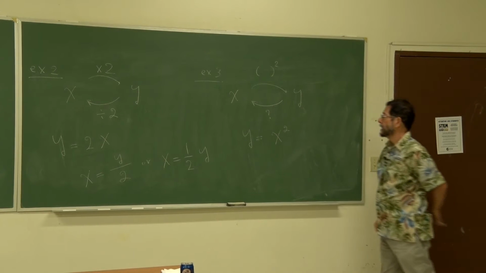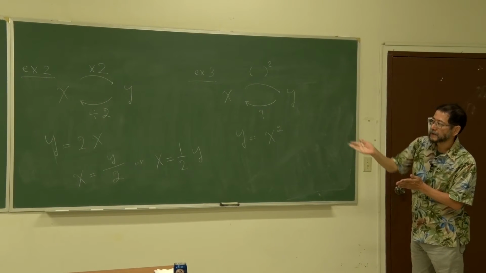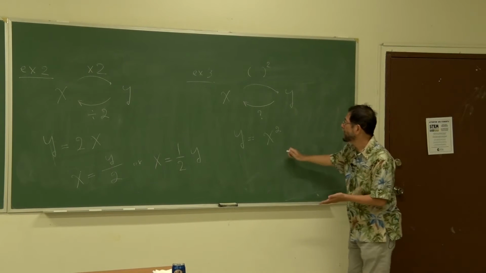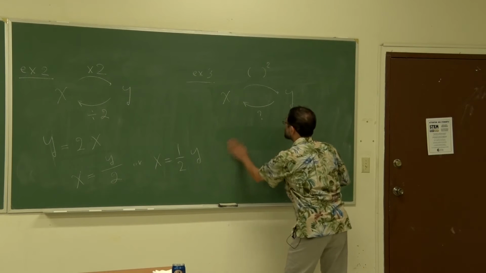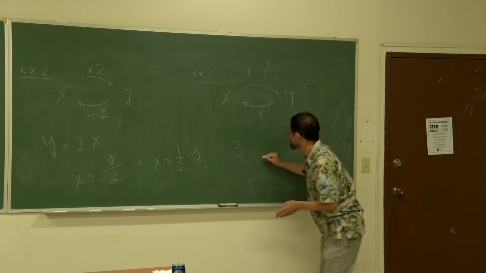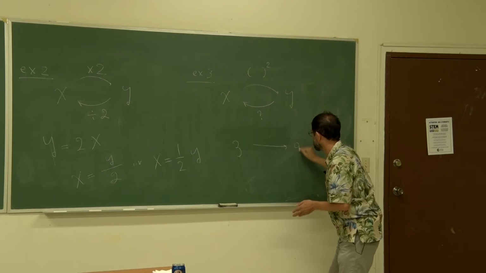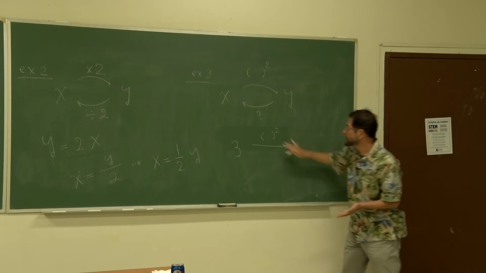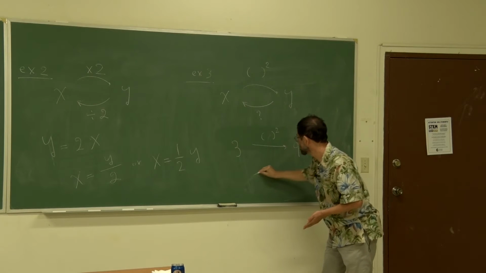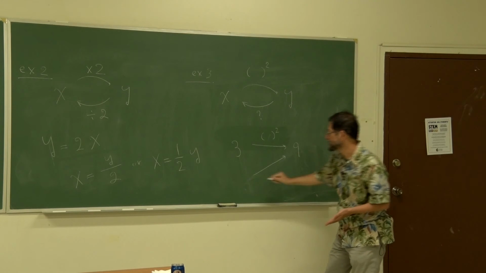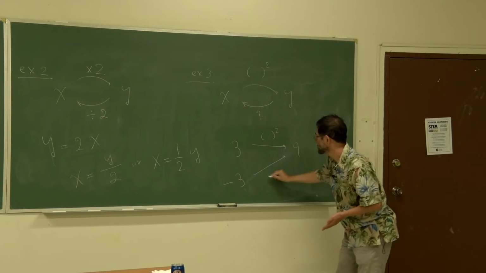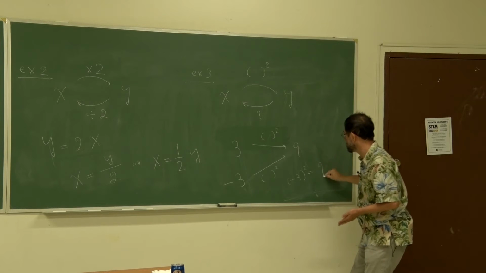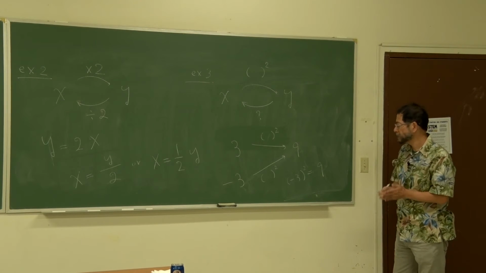In this case, unlike the other two examples, we have trouble. For example, 3 goes to 9 by the squaring function. However, you have another number whose square is 9, namely negative 3. The negative 3 squared is also 9 because negative times negative is equal to positive.